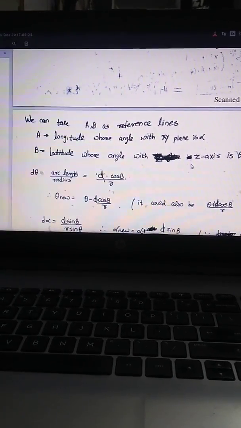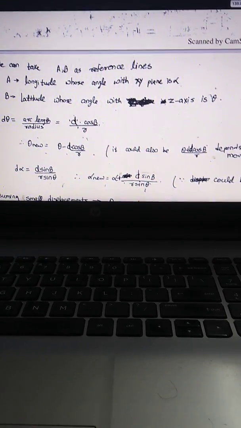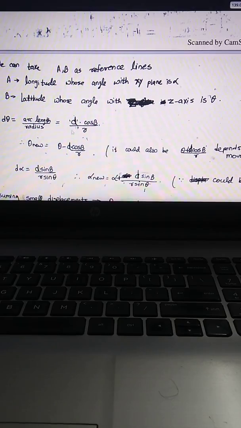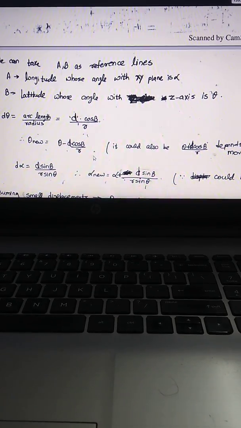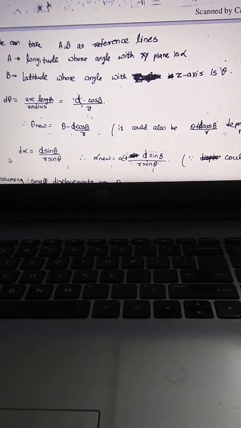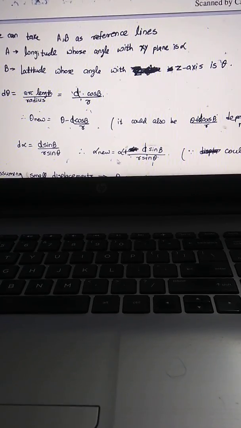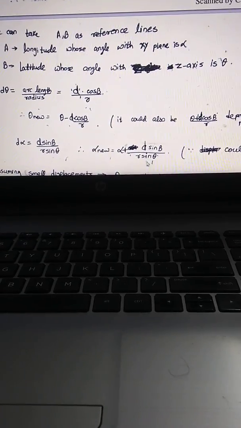A is the longitudinal angle in the xy plane, alpha, and b is the latitude angle with the z axis, theta. I found d theta, which is d cos b by r. After displacement the new theta would be theta minus d cos b by r. Similarly, I can find d alpha, which is d sin b by r sin theta, and alpha new would be alpha plus d sin b by r sin theta.